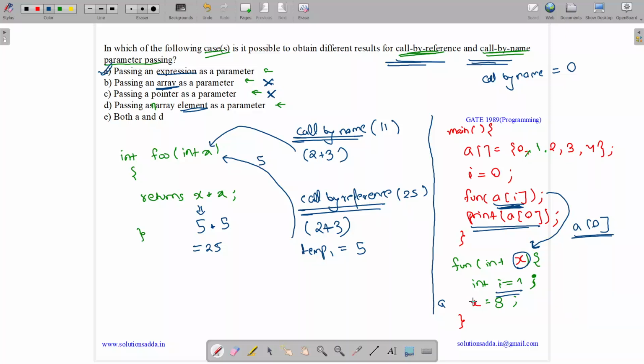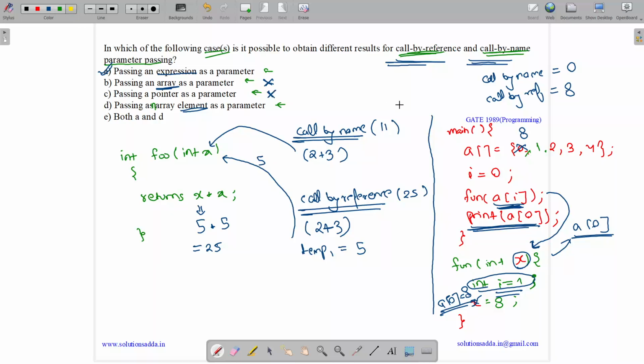So we do a of 0 equals to 8. It does not have any effect of this change I equals to 1, as the address was passed. So a of 0 becomes 8, and when we come back over here and we print a of 0, then we get the answer to be 8 by call by reference.